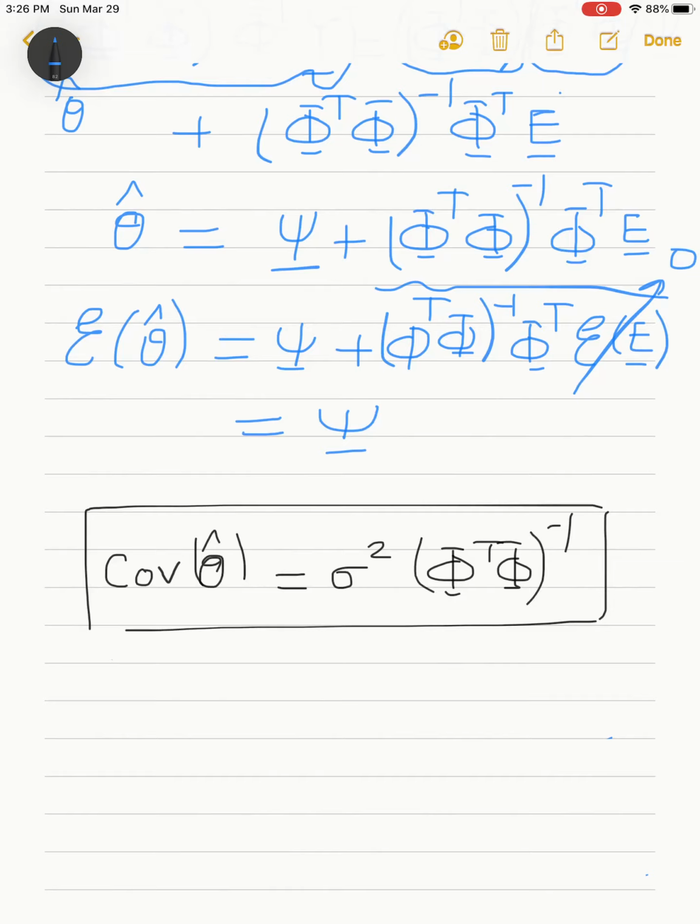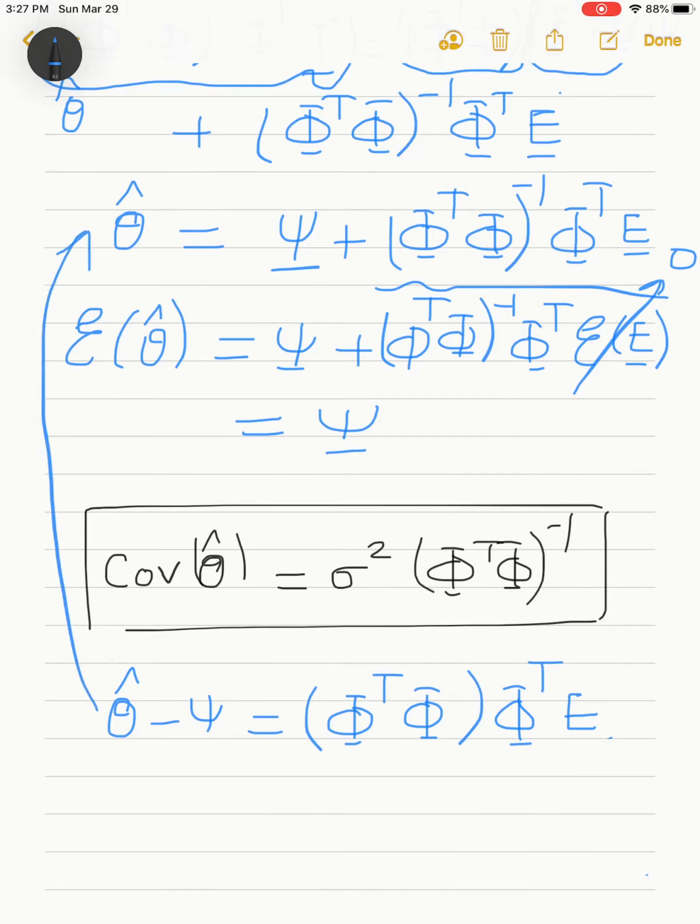If we would like to do this, let's first calculate theta hat minus psi, and that would be equal to phi transpose phi inverse times phi transpose E. This comes from this equation, just direct substitution from here.